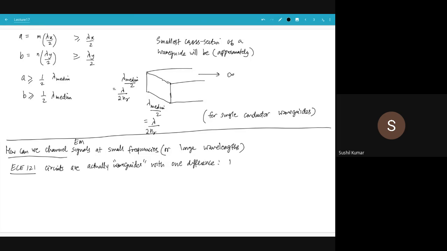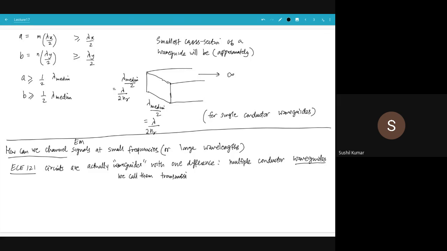The difference is they are multiple conductor waveguides. Let me draw a snapshot. We call them transmission lines.